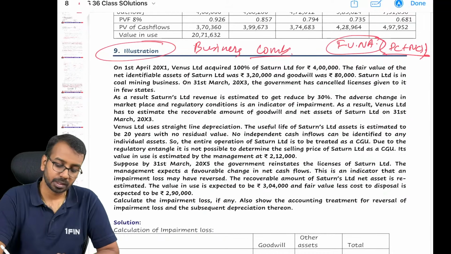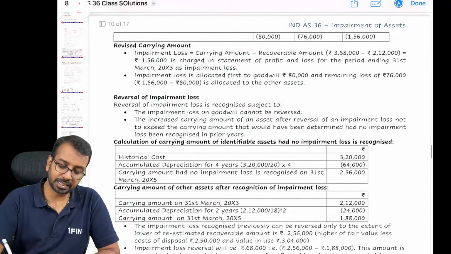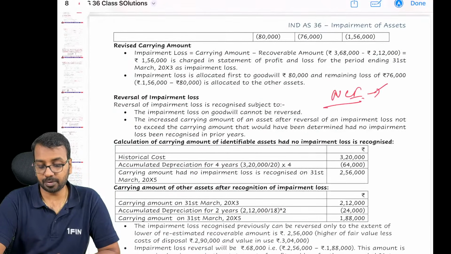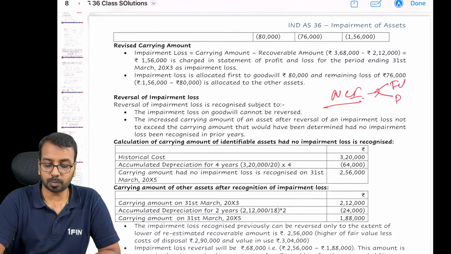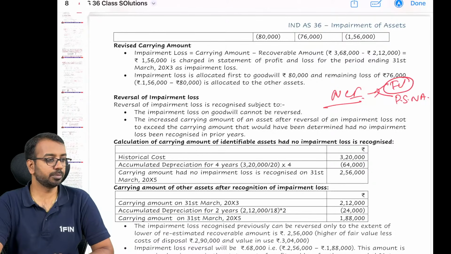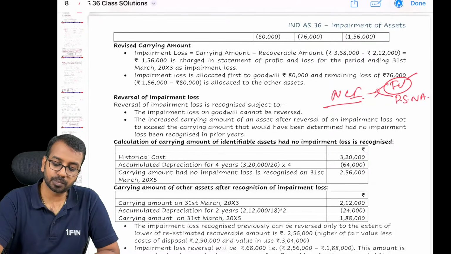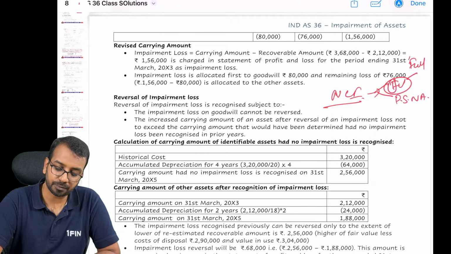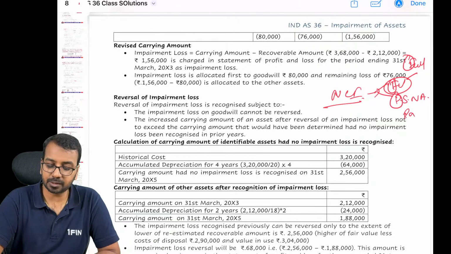Now, as per Ind AS 103, NCI can be valued using either the fair value method or the proportionate share in net asset method. If it is done using the fair value method, we say that this goodwill is full goodwill. The proportionate method means this is part goodwill.